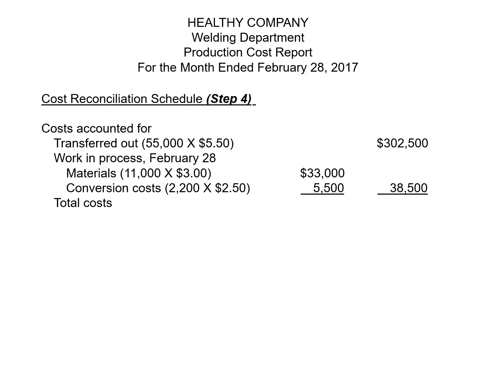If we multiply that by $2.50, we'll arrive at $5,500. If we add our materials and our conversion cost together, then the cost that we're going to allocate to our work in process on February 28th is $38,500. If we add our transferred out plus our work in process, we get $341,000, and that's the amount that we needed to account for.